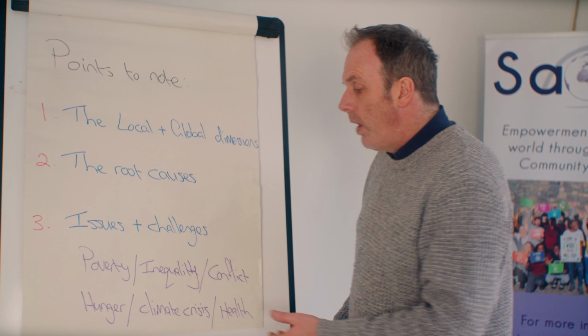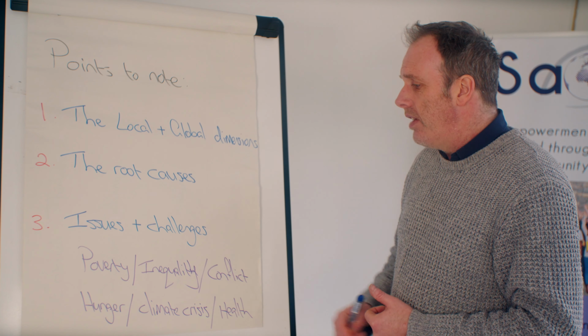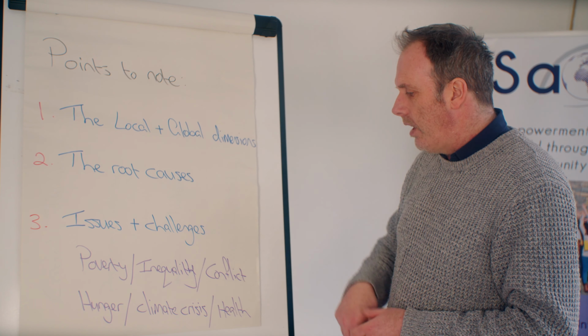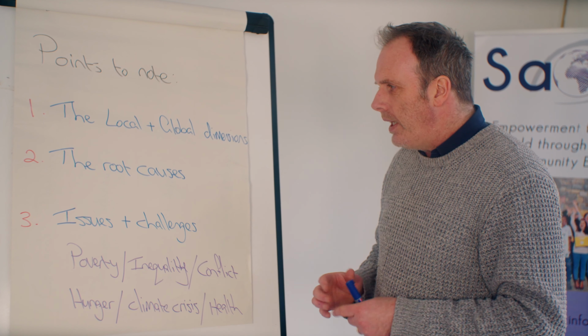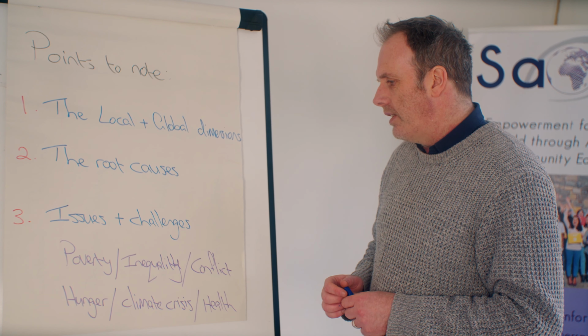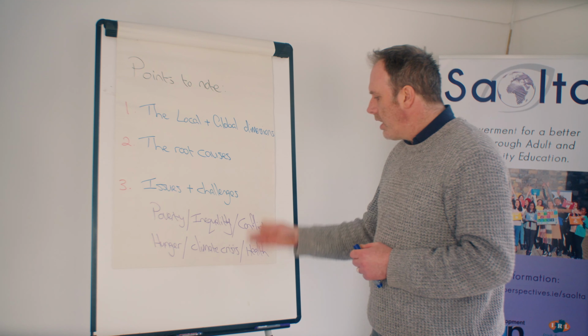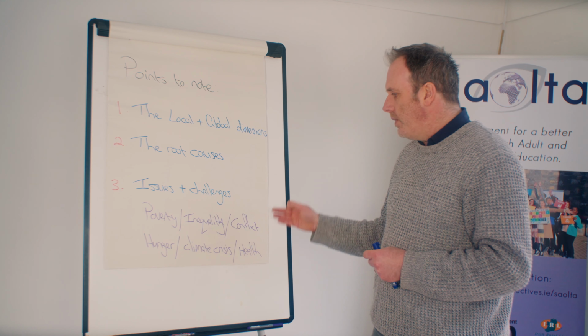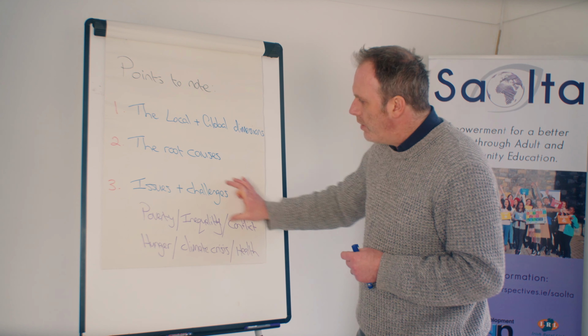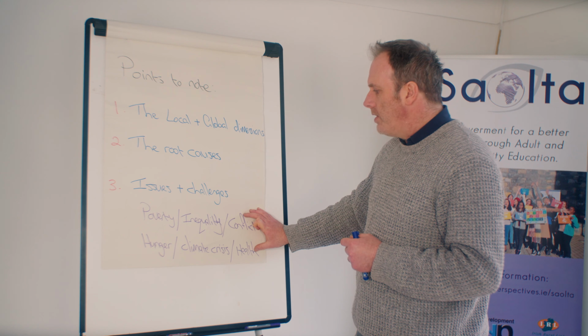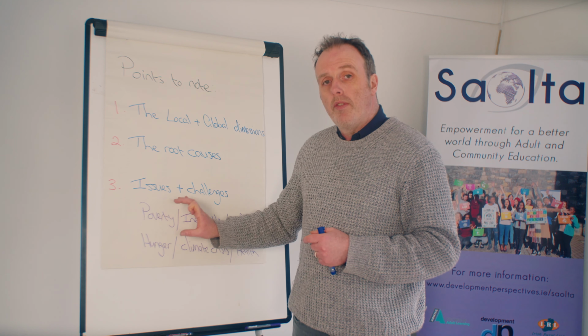We look at inequality and the impact that that can have, and again, we do that locally and globally. We look at conflict and violence. Many communities are deeply impacted by conflict and violence. We look at hunger, the climate crisis, health issues, education issues, and so the list could go on. These are the types of issues that global citizenship education does a great job of addressing.